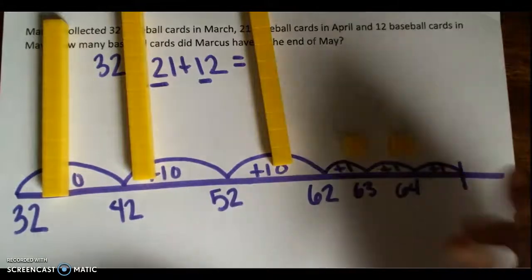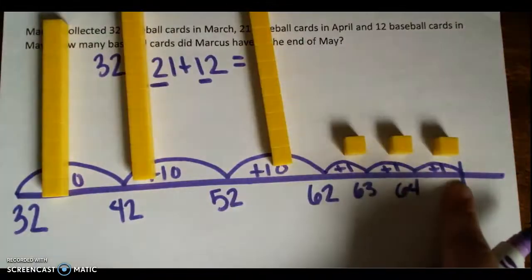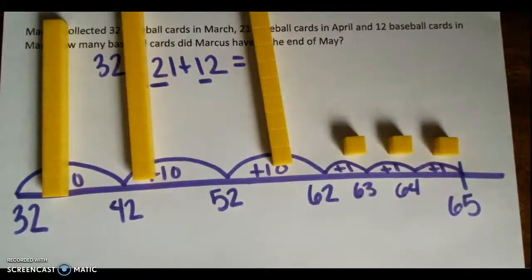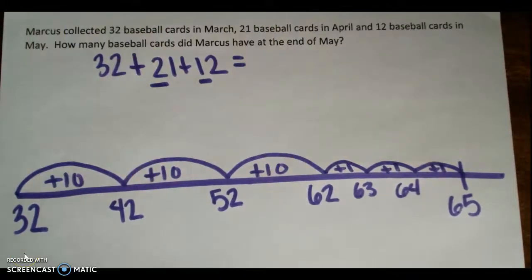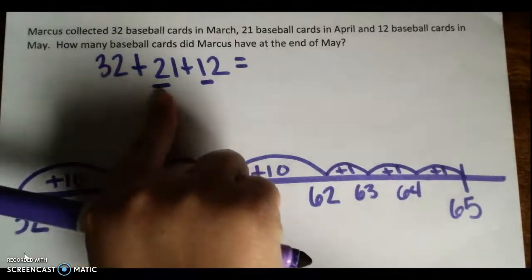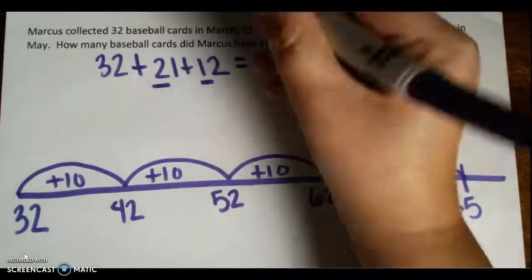Plus 1 is 64. Plus 1 is 65. So I now know 32 plus 21 plus 12 equals 65.